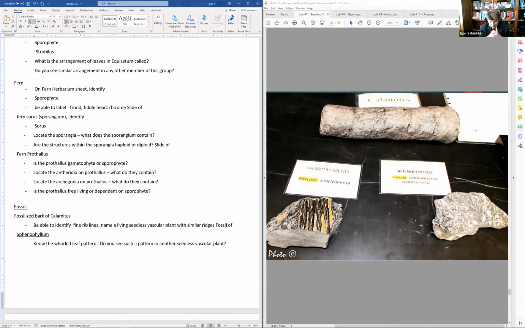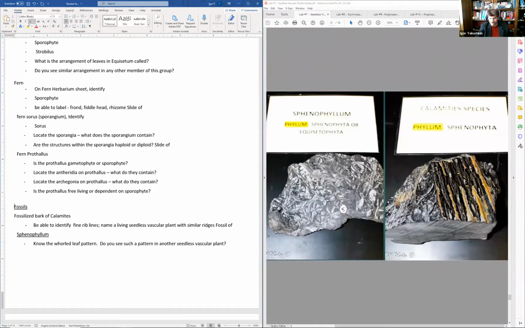So be able to identify, again, the rib lines, and those particular nodes where the whorls of leaves come out and so on. You can clearly see the stem and the several leaves, 1, 2, 3, 4, 5, 6, coming out from a single node, right?